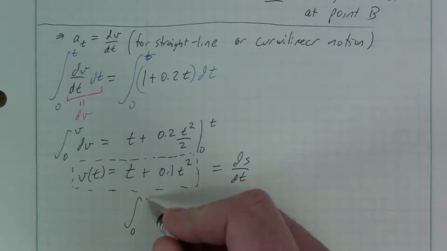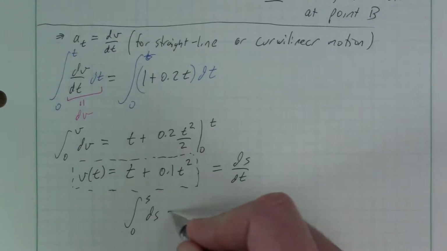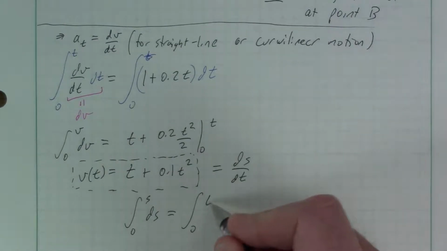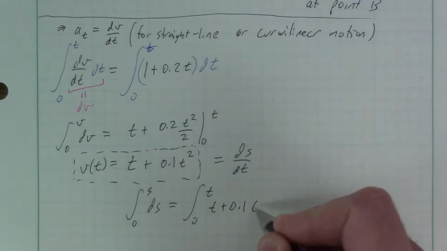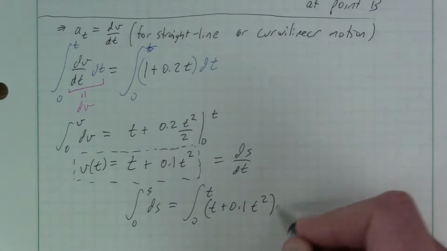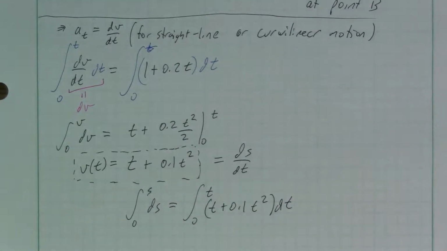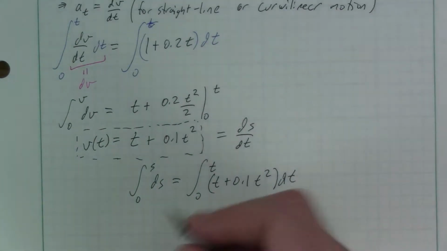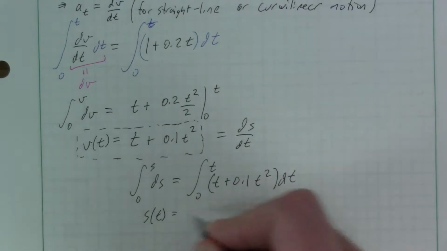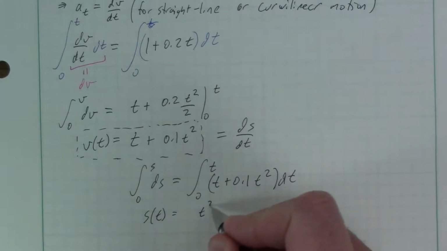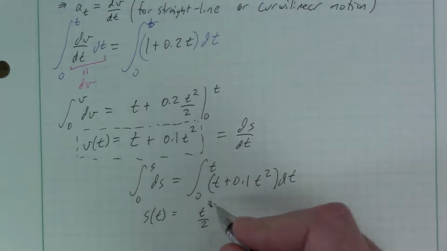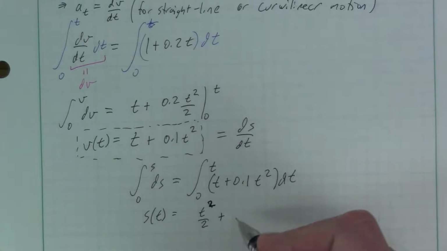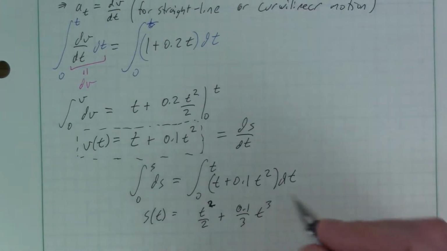So we'll be integrating from 0 up to some s location ds, integrating this in time, t plus 0.1 t squared dt. So that one more integration will give us the position as a function of time, which is going to be t squared over 2 plus 0.1 over 3 t cubed.